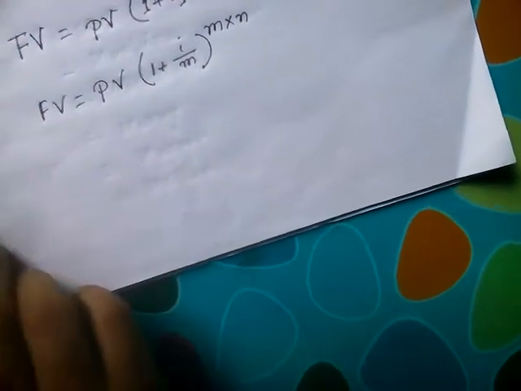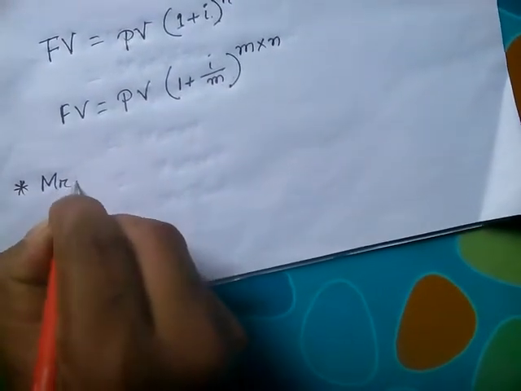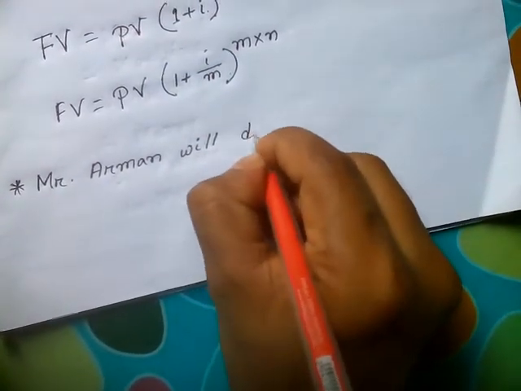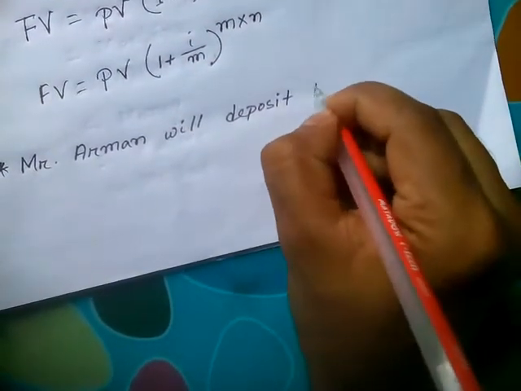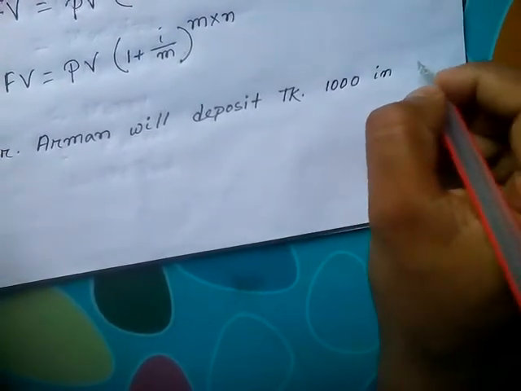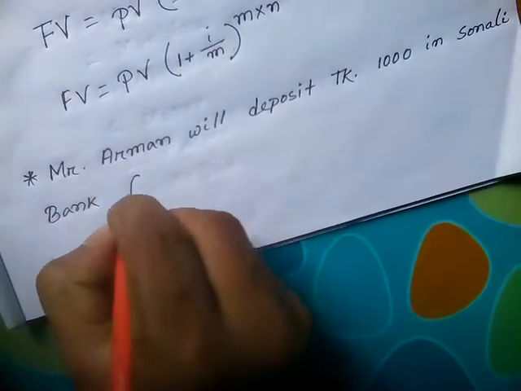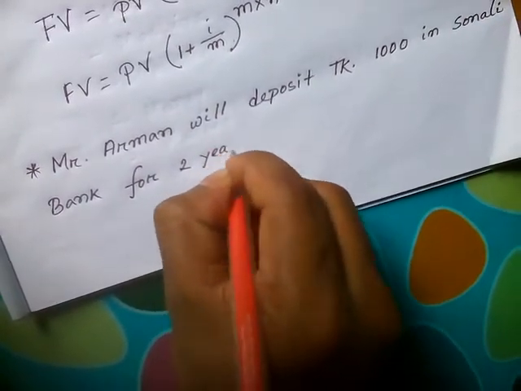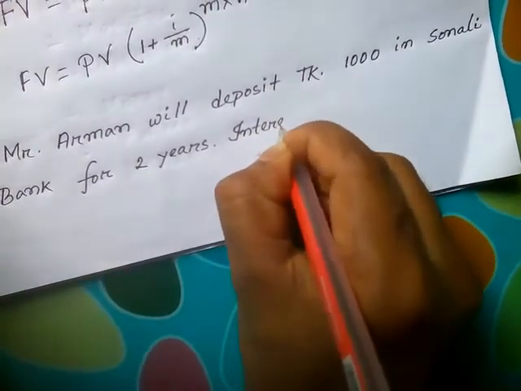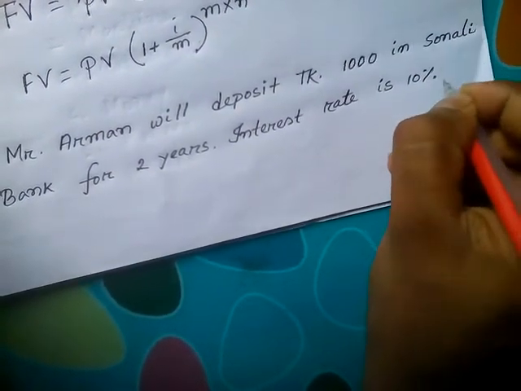Okay, now I am writing a question here. Mr. Arman will deposit taka 1000 in Sonali Bank for 2 years. Interest rate is 10%.